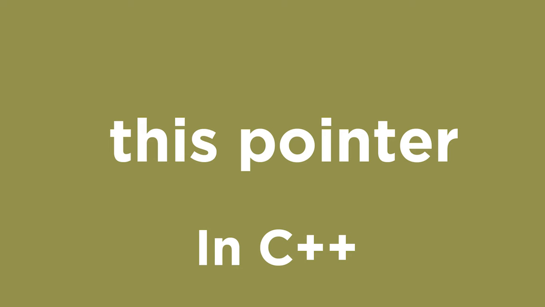This unique pointer is automatically passed to a member function whenever it is called. The this pointer acts as an implicit argument to all the member functions. So this is the basic overview of the concept of the this pointer.